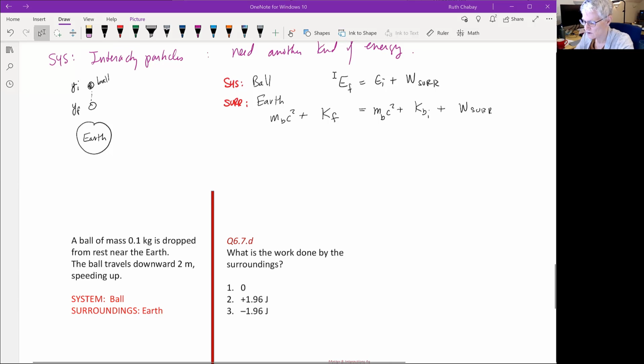Okay, 2/3 of you said that the work done by the surroundings is positive 1.96 joules, and that is correct. So those of you who said it was negative are being sloppy at this point.